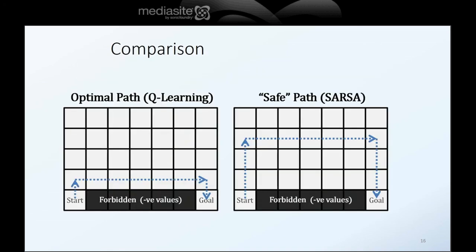Now here's a comparison of Q learning and Sarsa for a very simple 2D grid problem. On the left we have Q learning, and the Q learning learns the optimal path. Of course, it has to do some initial search, so you have to apply Sarsa initially before you do the Q learning.